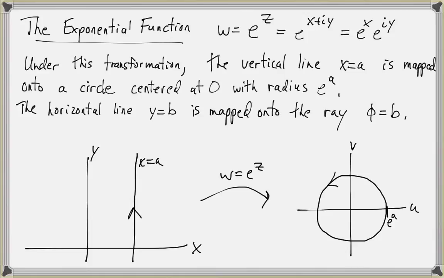So the angle in the w plane is radian measure b.